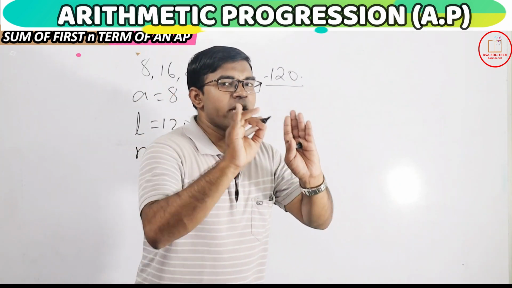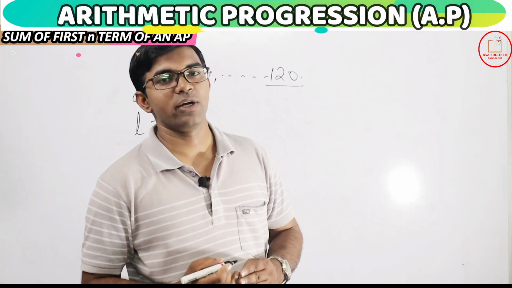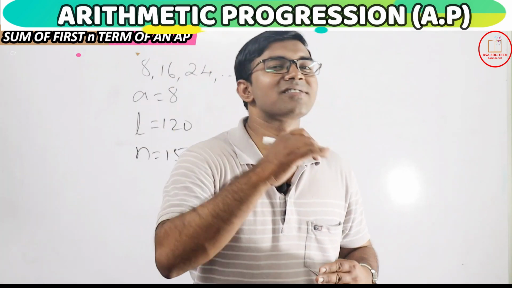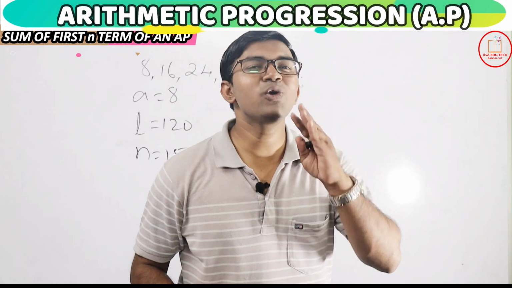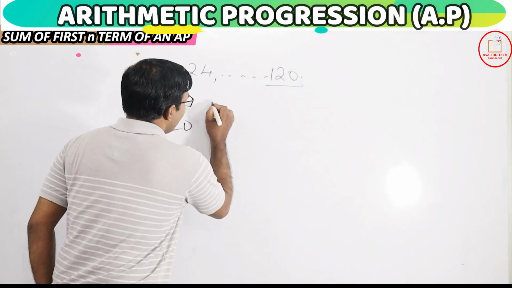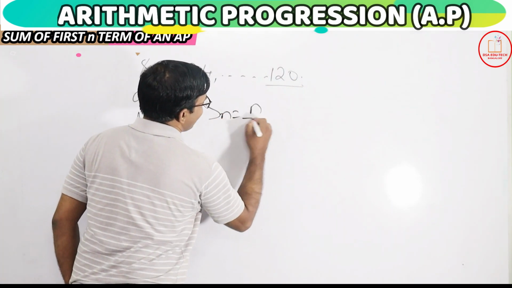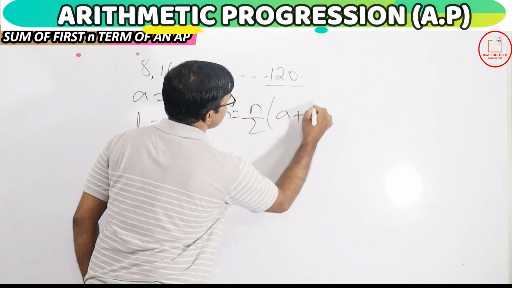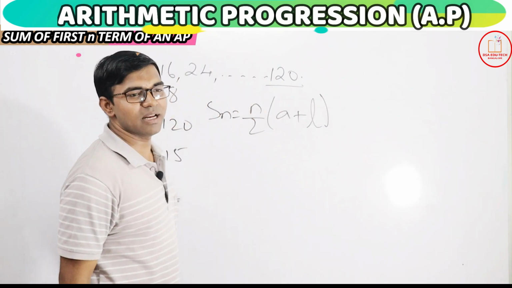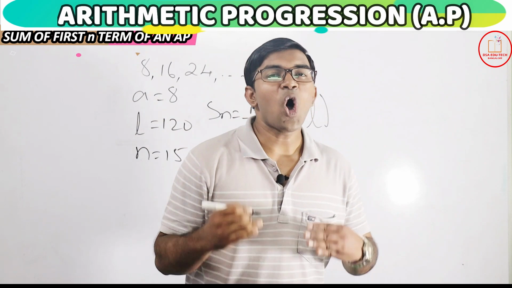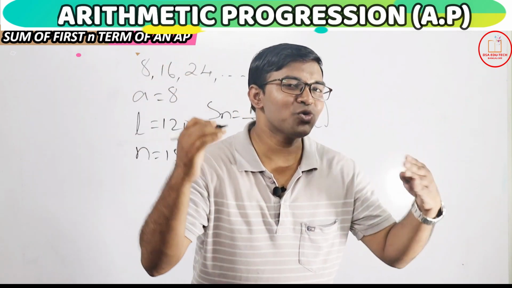These are the given data. Now I will write the second formula I told you, right? Whenever the first term and the last term are given, we use the formula Sn is equal to n by 2 times (a plus l). In this, all the values we know, we just need to substitute.